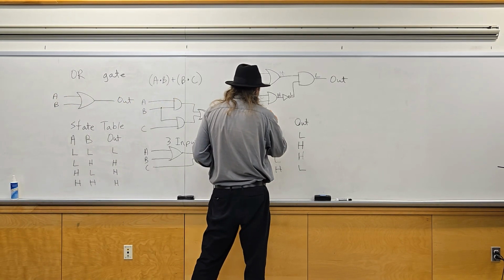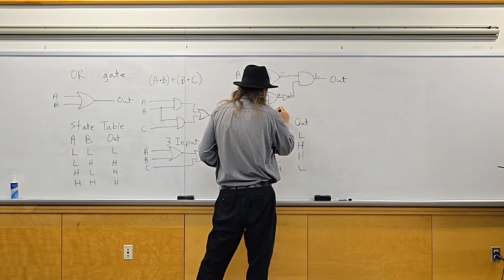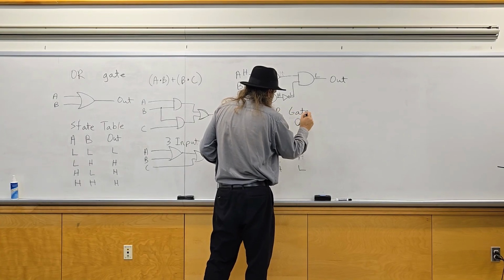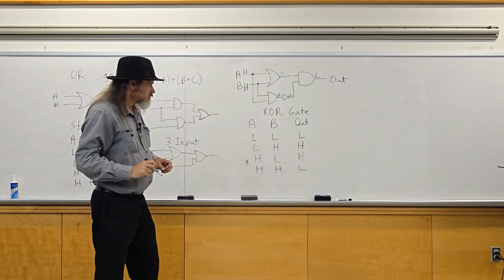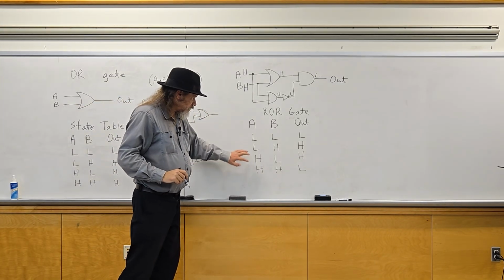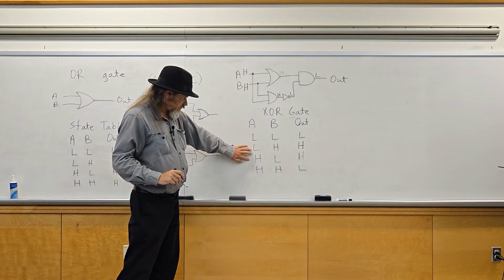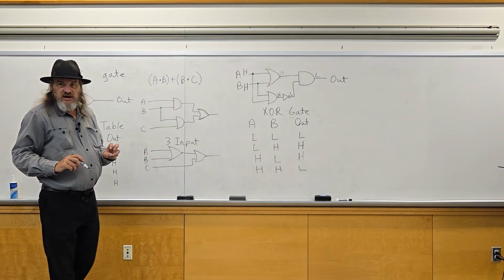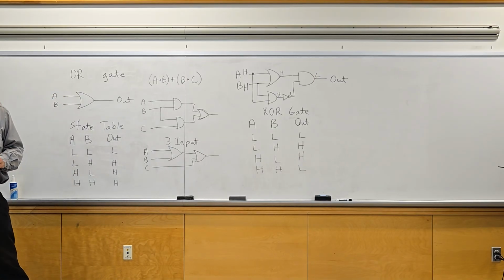And this is an XOR gate. Exclusively OR. It is only high when one or the other is high, but not both of them. So that is an exclusive OR.